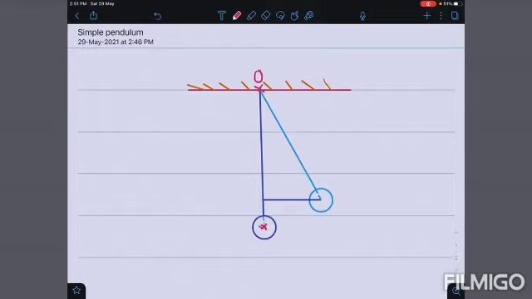From the distance O to a point B, we call it the length of the simple pendulum, L. Now, as I told you earlier, if we have displaced the simple pendulum by an angle theta, then this distance from here till here, the opposite side, will be L sine theta. Here mg acts downwards.